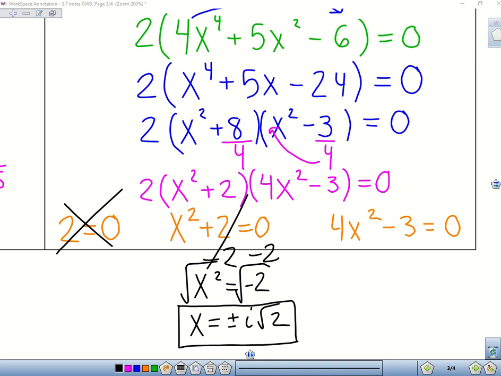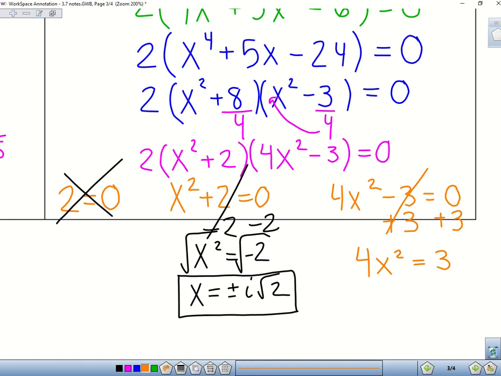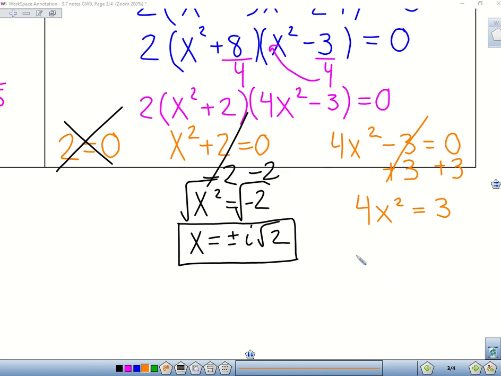Alright, moving on to the next step here. So here, I'm going to add 3 to both sides. So this becomes 4x squared is equal to 3. Everybody with me? And then I do what to solve for x squared? Good.